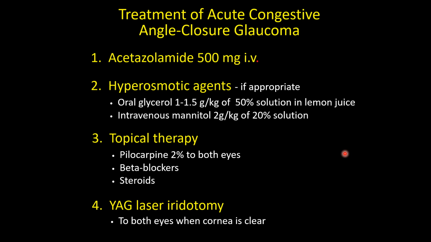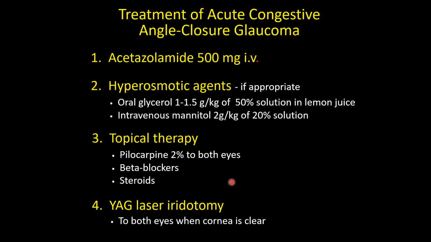Because the osmotic level in the blood becomes high, because of the osmolar gradient, fluid will come from the ciliary body and decrease the production of aqueous. Then we constrict the pupil with pilocarpine. Beta blockers are given to reduce production of aqueous, and steroids are given to relieve pain and decrease redness.